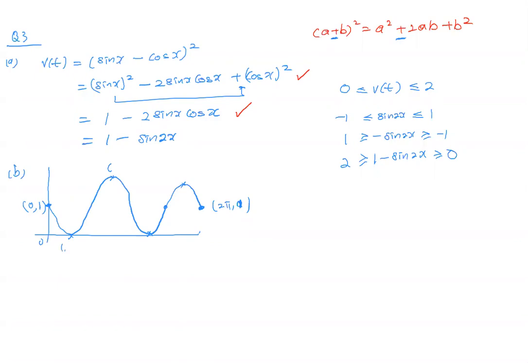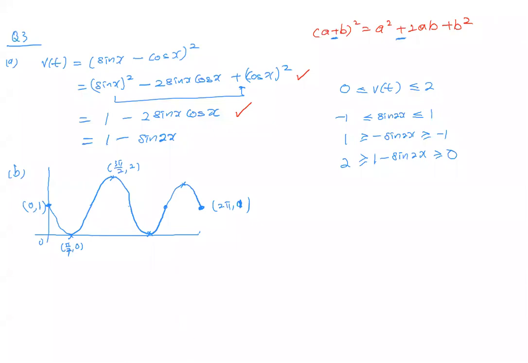Here, I think this is pi by 4, is it? Pi by 2. This is pi by 2. And here is pi. Here is 3 pi by 2, 2. Okay. No. Here is pi by 4.